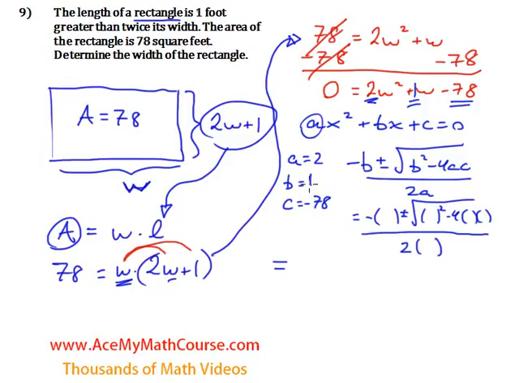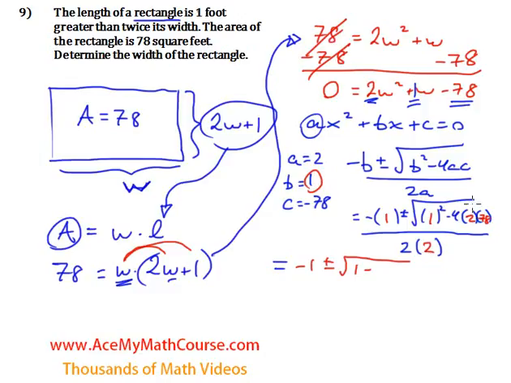So negative B, B squared minus 4AC. That's supposed to be a negative 78 right here. And down below we have just a 2. So negative 1 plus or minus the square root of 1 squared, which is 1, minus 4 times 2 times 78.